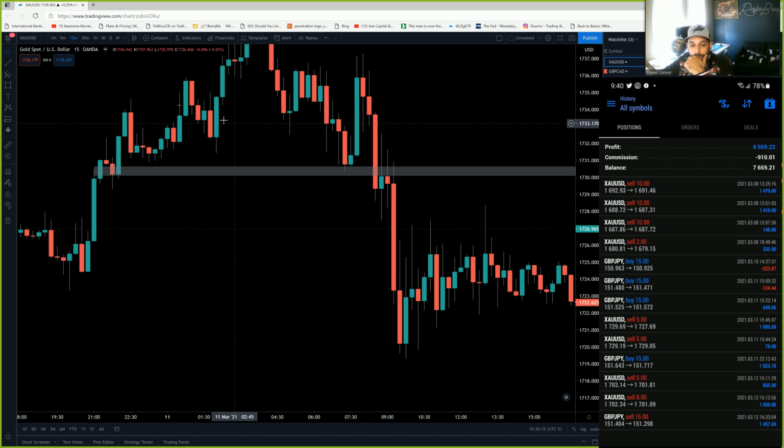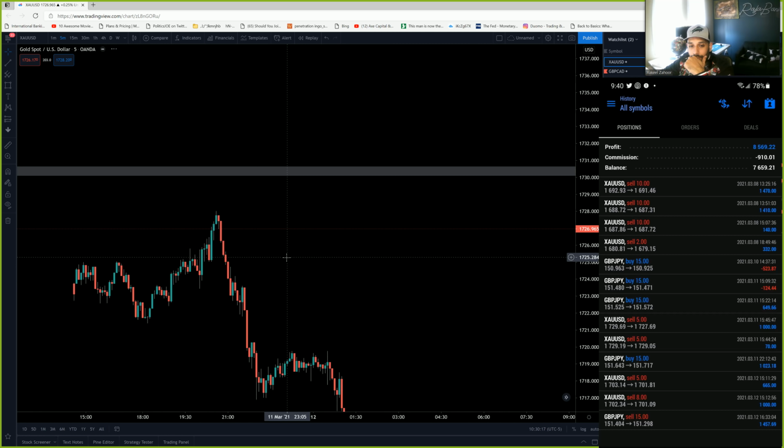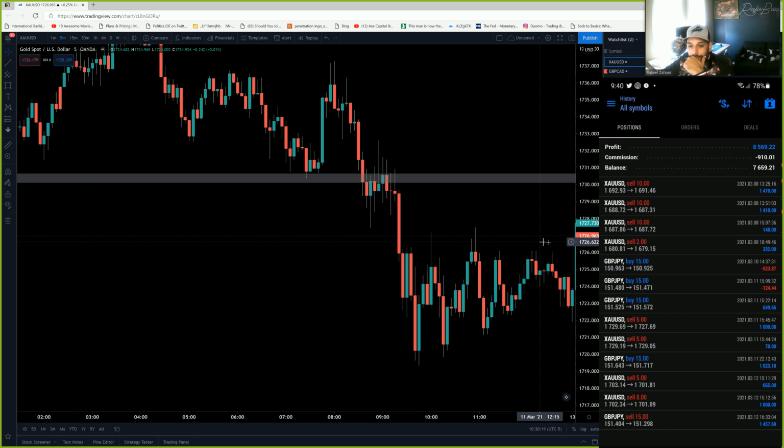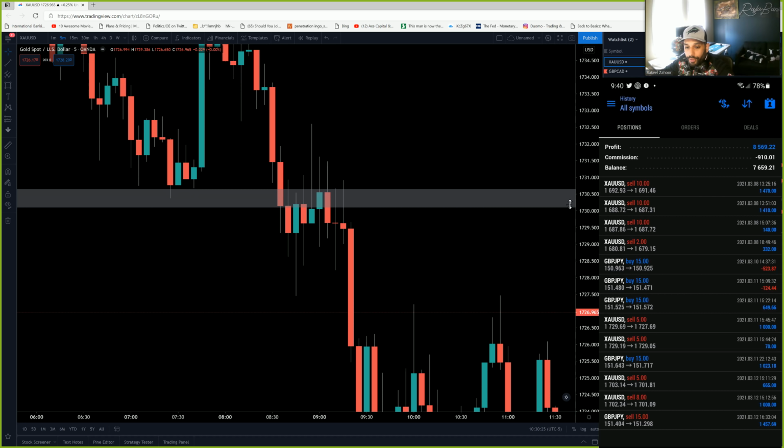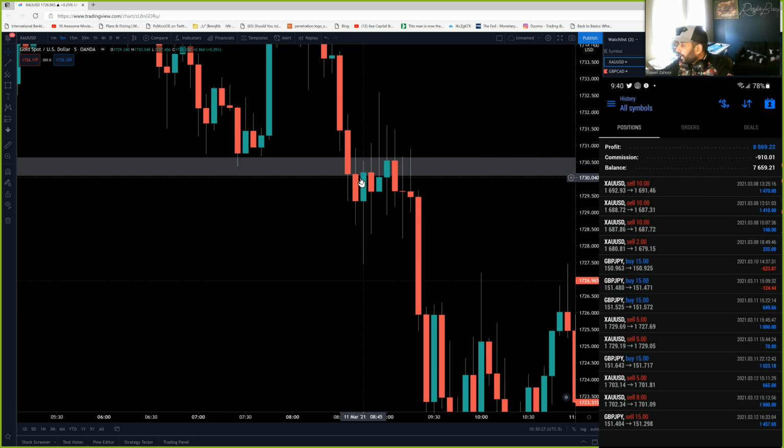Once this candle was coming down, we're looking at the 5-minute time frame, and we could see that this candle was really dropping down to continue bearish. So the sell was executed somewhere at 1729.69, somewhere down over here as we were about to break the low. Second sell was executed somewhere at 1729.19 as we broke the low over here.